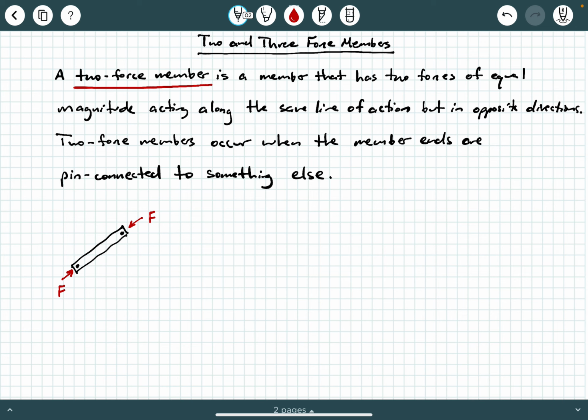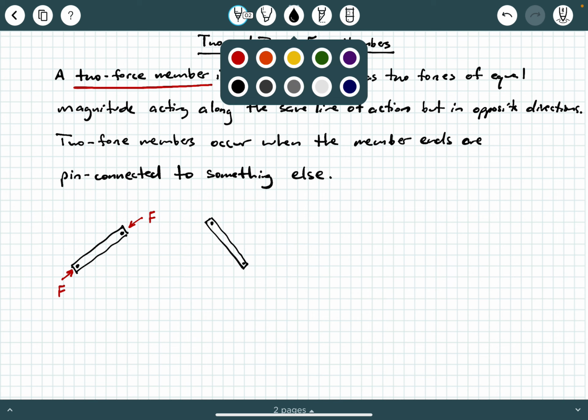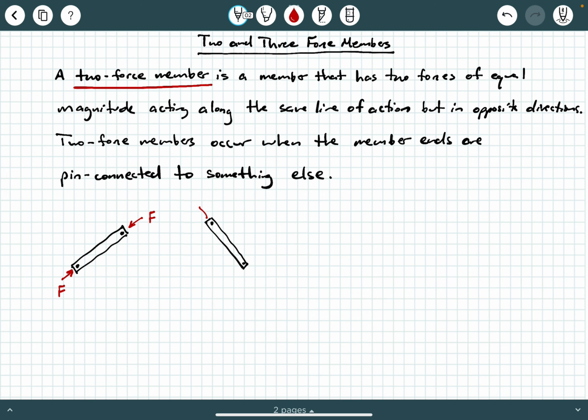And for this to be in equilibrium, these forces have to be equal in magnitude and opposite in direction. So this would be an example of a member experiencing compression, and specifically it's a 2 force member experiencing compression. Well, similarly, we could have a member that's pin connected at its ends, and maybe it's got tensile forces acting at its ends, okay?